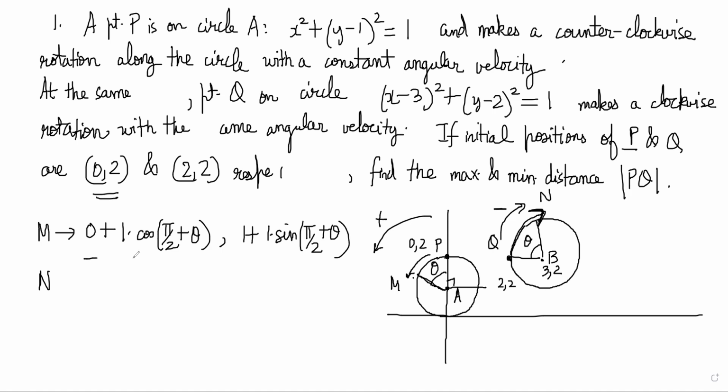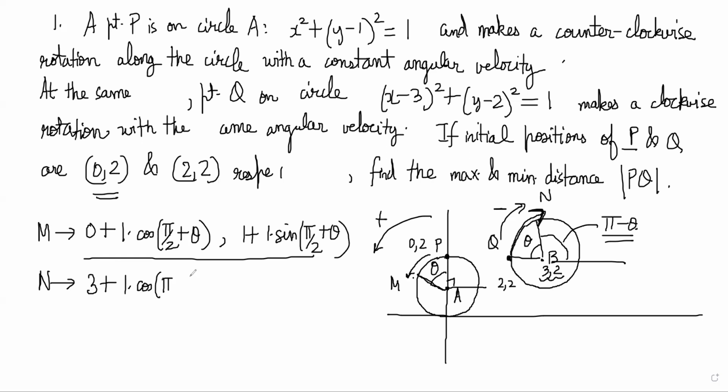This is the coordinate of M after it has rotated through theta angle, right? And coordinate of N, similarly, if you go this side, you are making angle pi minus theta with the horizontal here, right? So you will start from (2, 2). Oh no, but the center is (3, 2). So the parameterization will be (3 plus 1 cos(pi minus theta), 2 plus 1 sin(pi minus theta)).